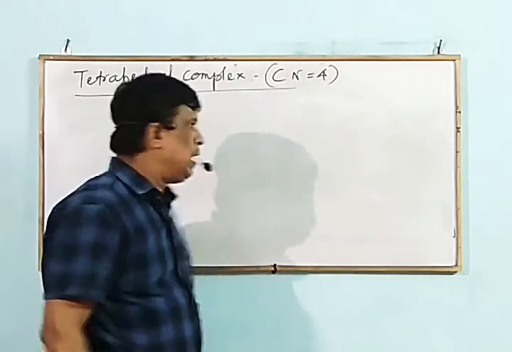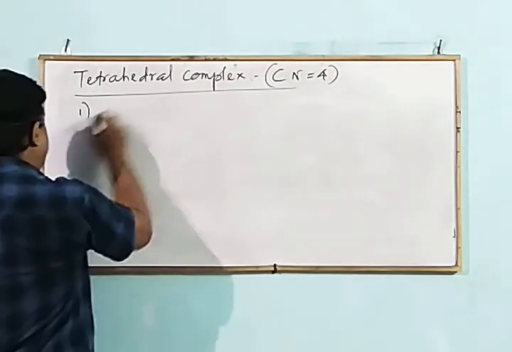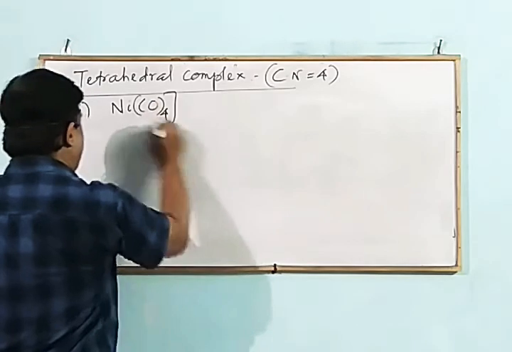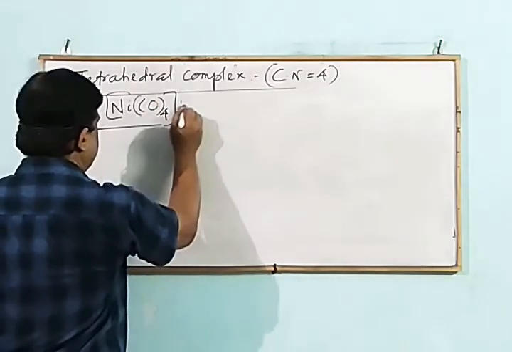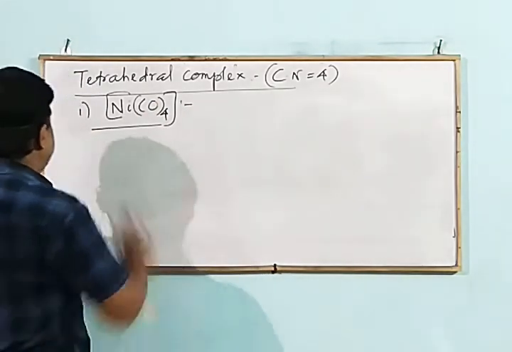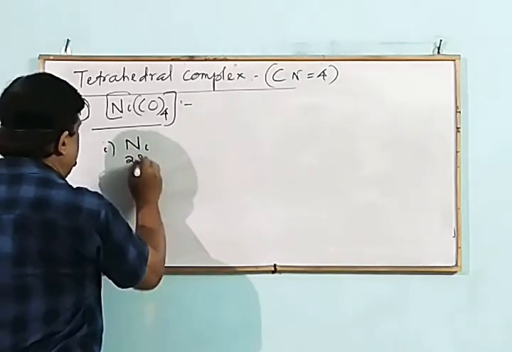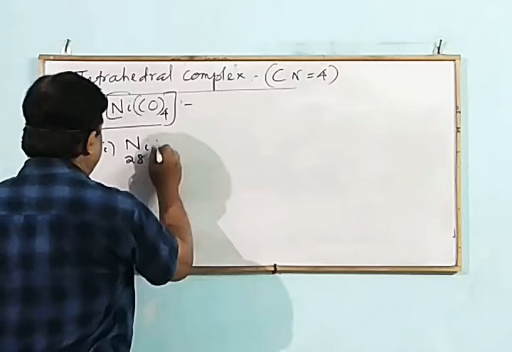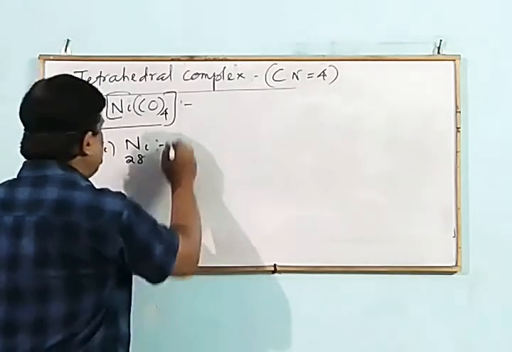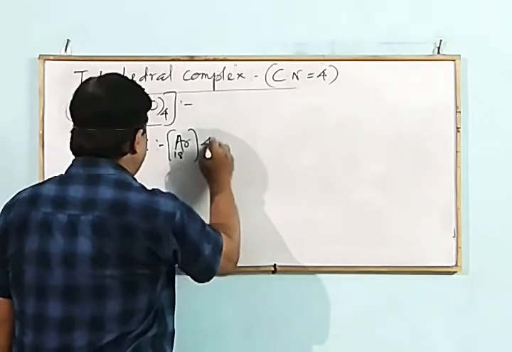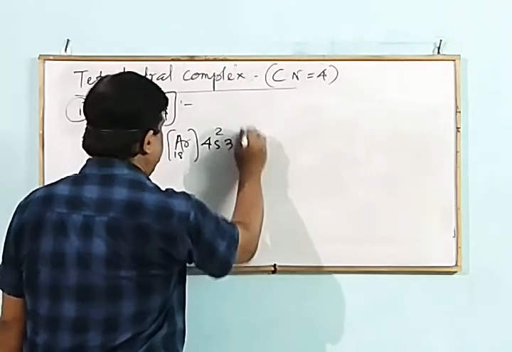Let us discuss one example, that is Ni(CO)4, tetracarbonyl nickel(0). From this it is clear that the central metal atom is nickel, atomic number 28, with noble gas configuration argon 18, 4s2, 3d8.